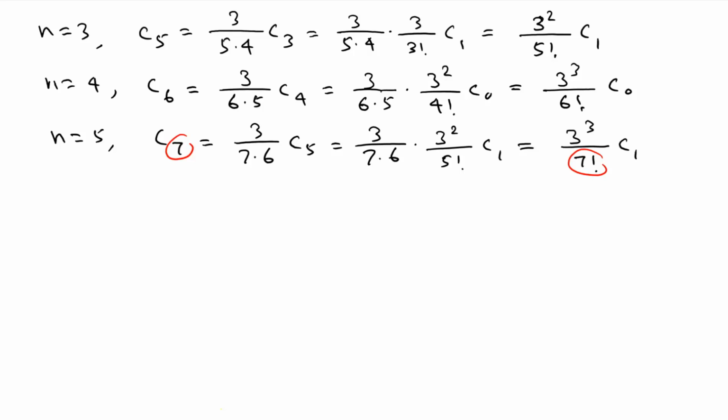And even powers go with C0, odd powers go with C1. We notice those two. And what is the power? The first set goes with 3, then 3 squared, then 3 cubed.